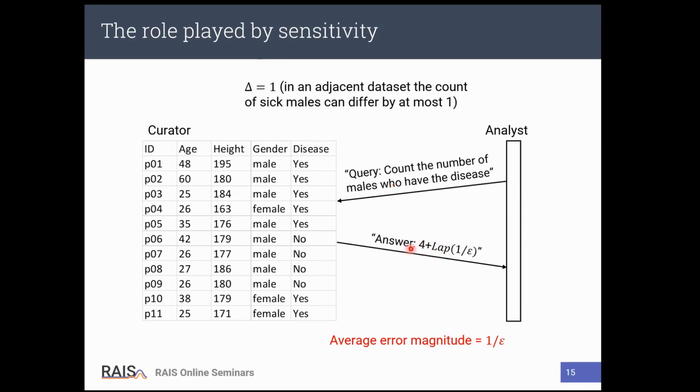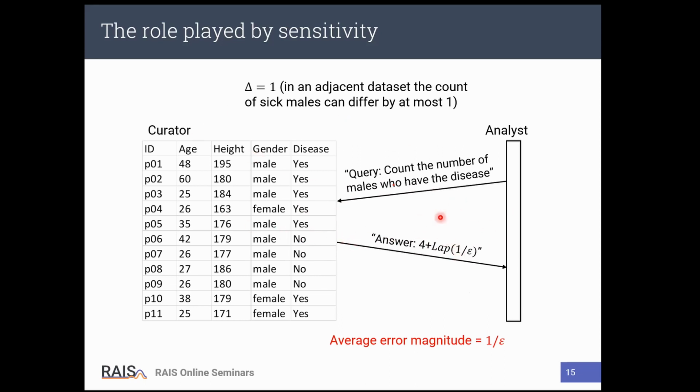So you could get as answer 5 easily, or you could get as answer 3 easily. So if your answer is small, this noise will impact you a lot, because there is a big difference between 3 and 5.